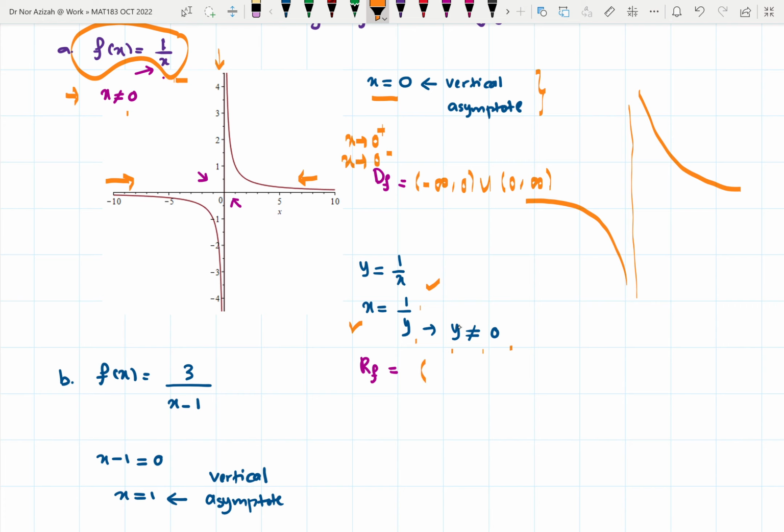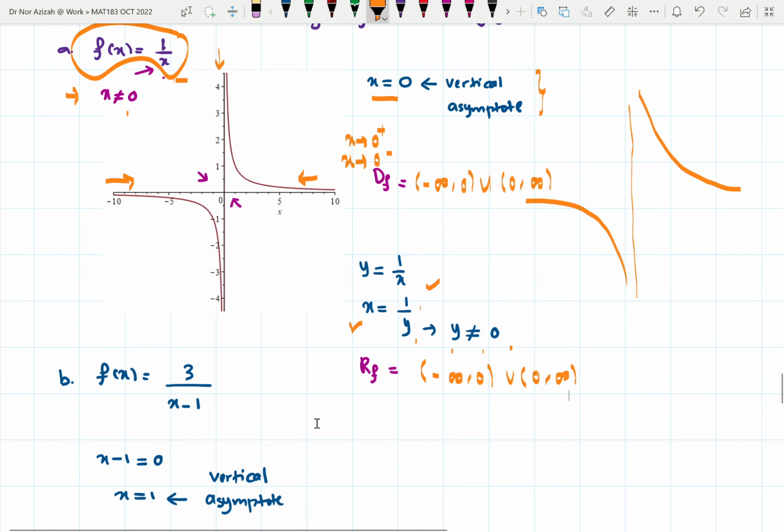So negative infinity until 0, union 0 until infinity. That is the domain and range for the rational function.